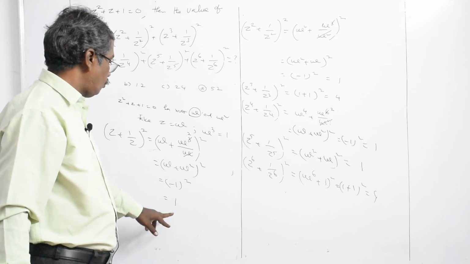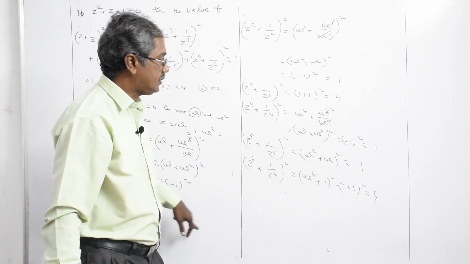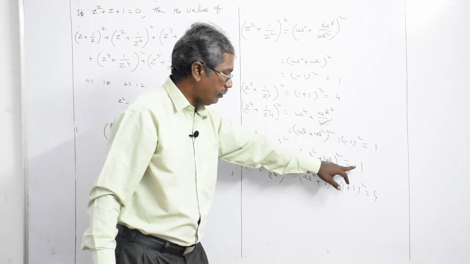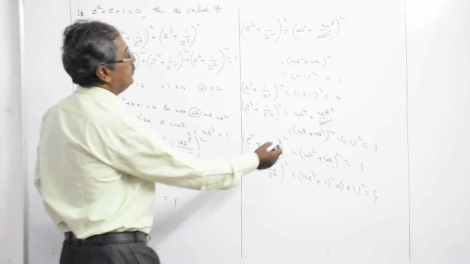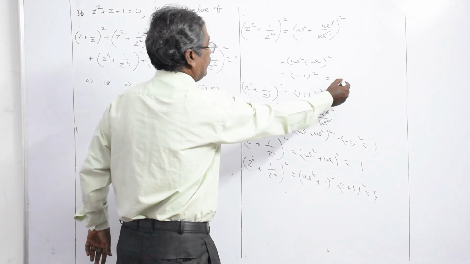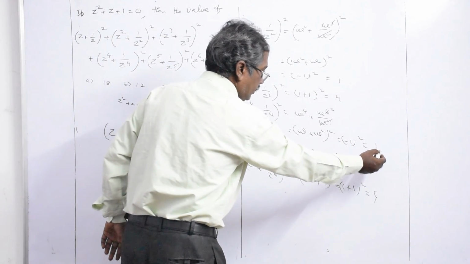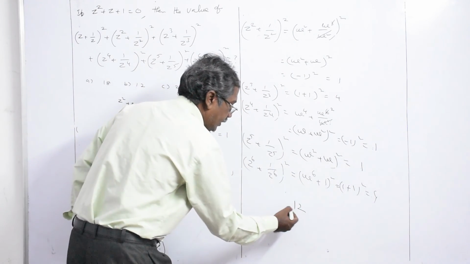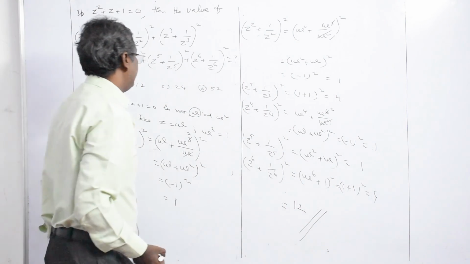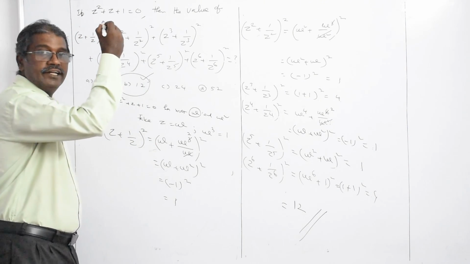So add these 6: 1 plus 1 plus 4, 5, plus 1, 6, plus 1, 7, plus 1, 8, plus 4, 12. So the answer is 12 and option B is our correct answer.